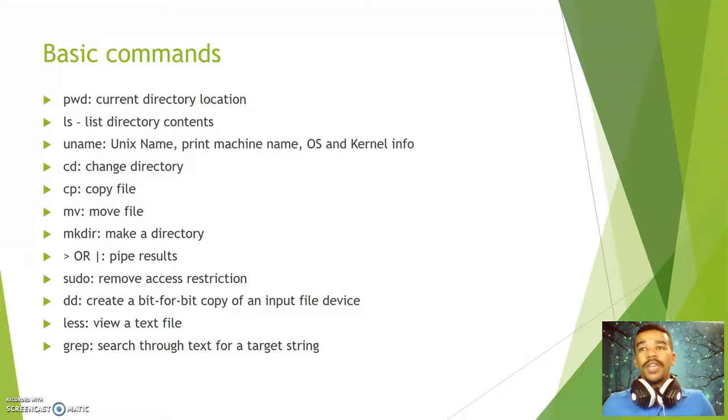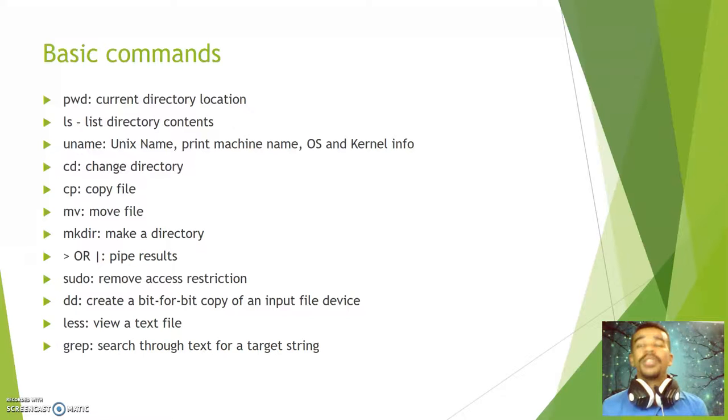We can either have that text show up on the console or the terminal shell, as it's known in Linux, or we can pipe that into a text file. If we use this greater than sign or the vertical bar, that will have the results from the first command pipe its results into the second command, the second argument. This may be a little confusing at first, but once seen in action, it's actually really simple.